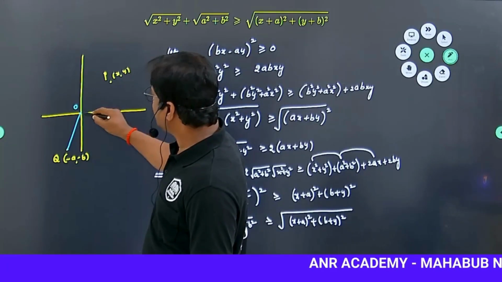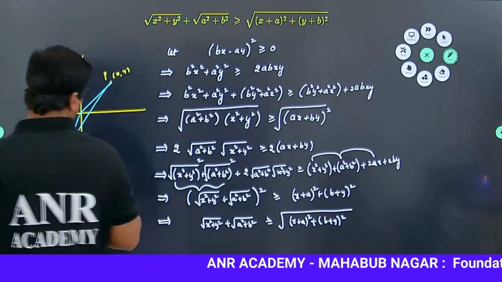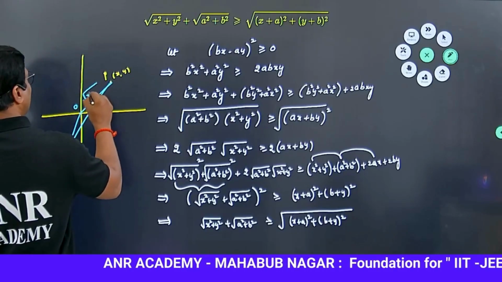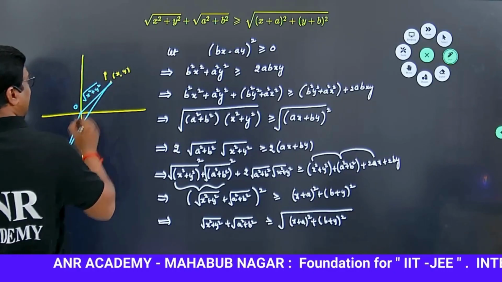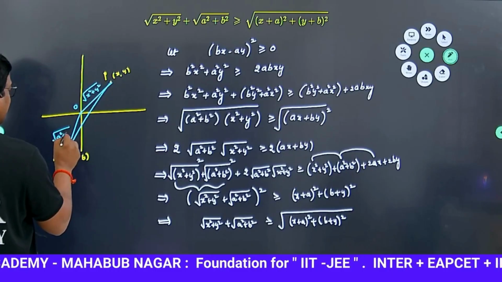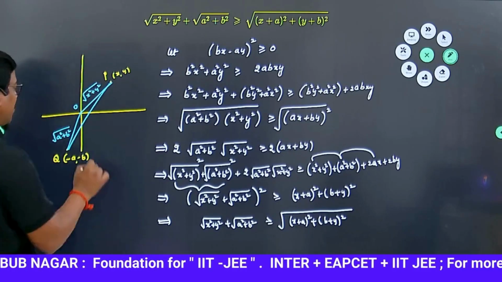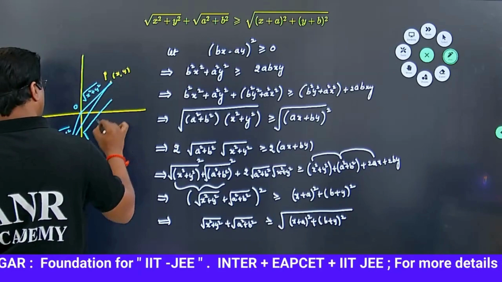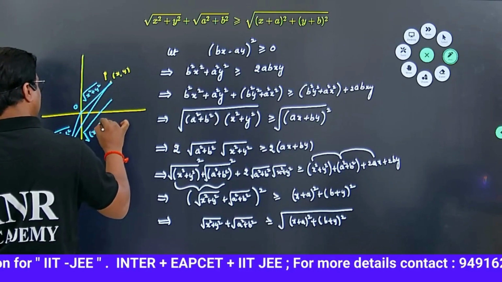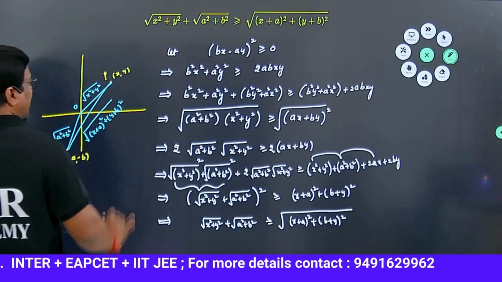Join OQ, OP and PQ. Now apply the triangle property. The distance O to P is root over x square plus y square. O to Q is root over a square plus b square. And the distance between P and Q, using the formula, root over x2 minus x1 whole square plus y2 minus y1 whole square, we get the result.